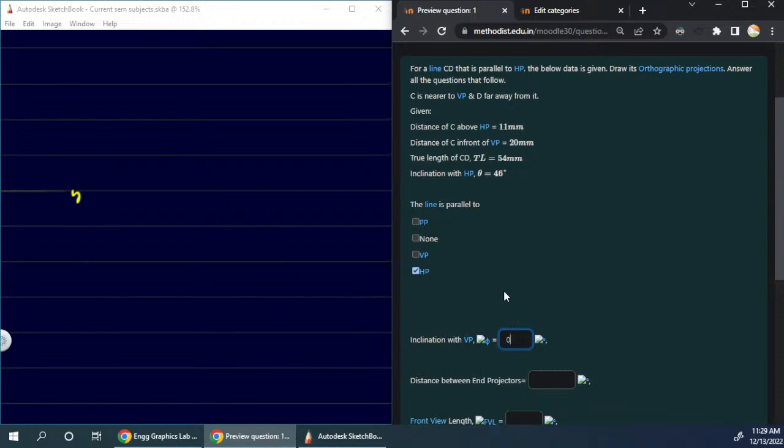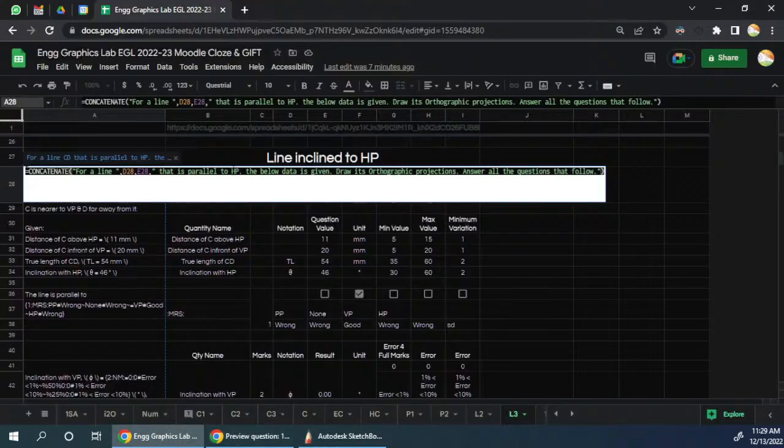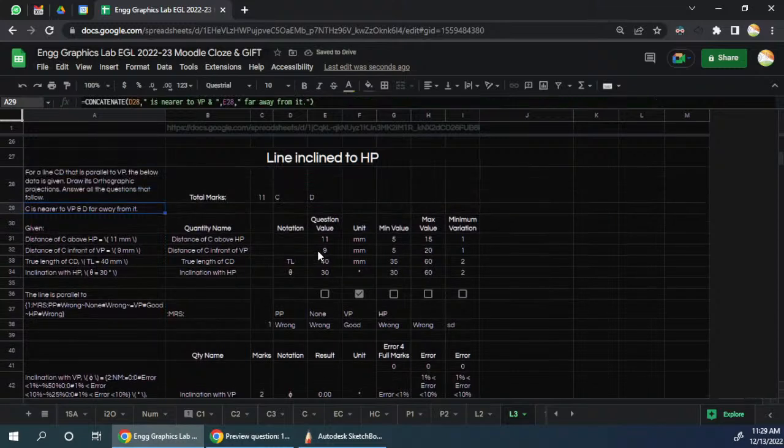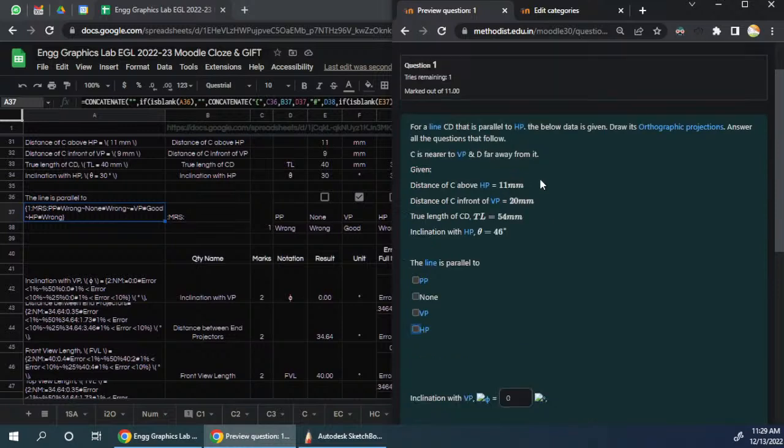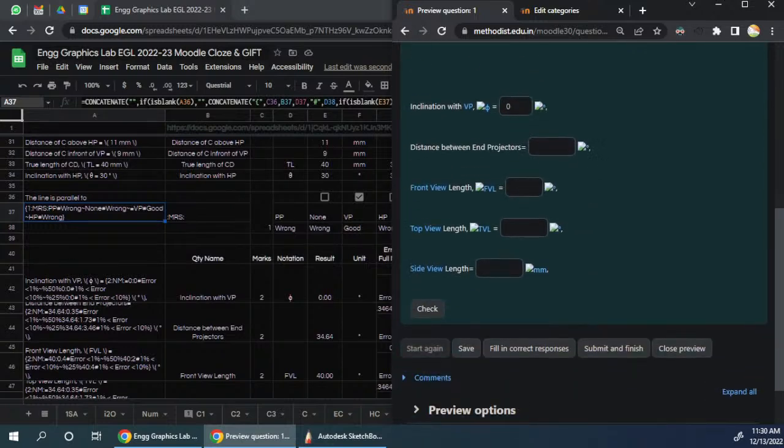Parallel to HP and inclined to HP both are given. So I should say inclined with the HP, so it's going to be parallel to VP.